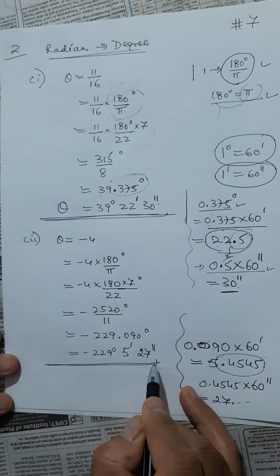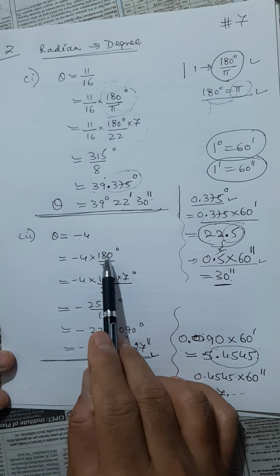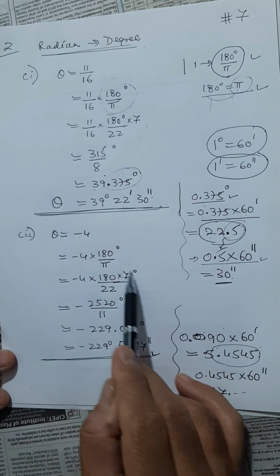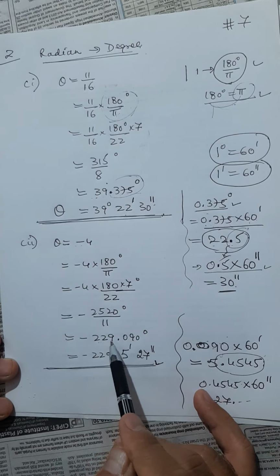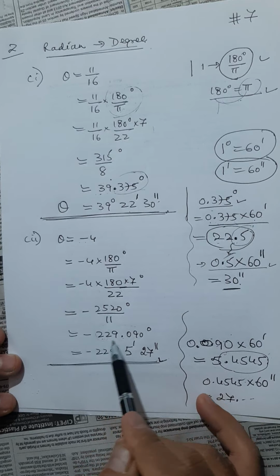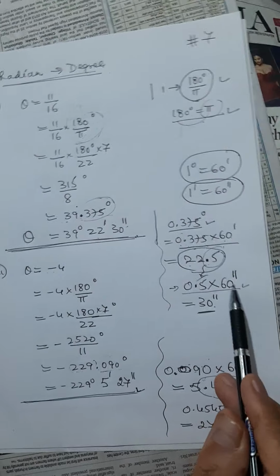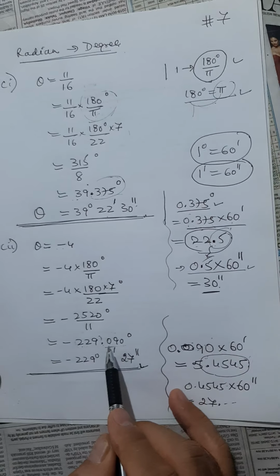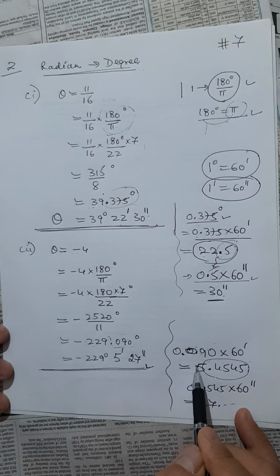I repeat this portion. Simplify this, 180 by pi to convert into degree. Simplify this, you will get this much. If you divide by 11, you will get 229 point this much, but this is in degree. So 229 degree. After the decimal point, we will convert into minutes as I explained. So 0.90 multiplying with 60, we'll get 5 point something.